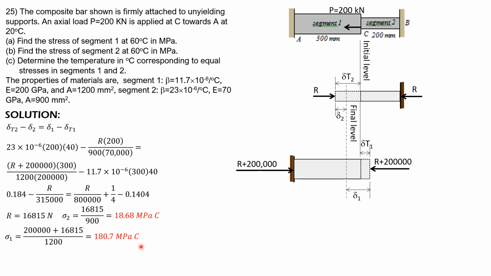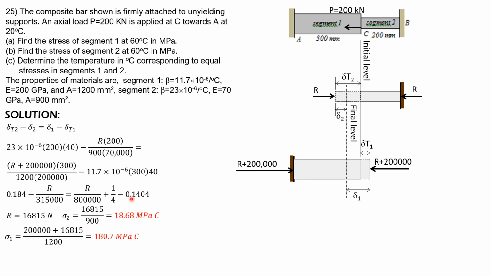For these two to be equal, the stress in segment 1 must decrease, so the temperature should drop so that segment 2 will be in tension and segment 1 will be in compression, but lesser than this. So there's a chance that the two stresses will be equal.